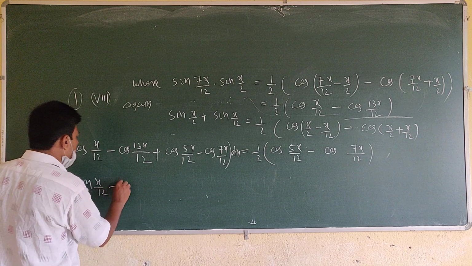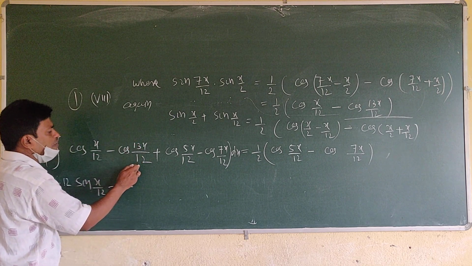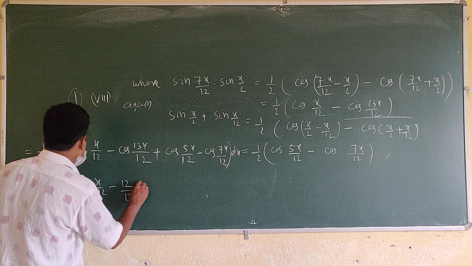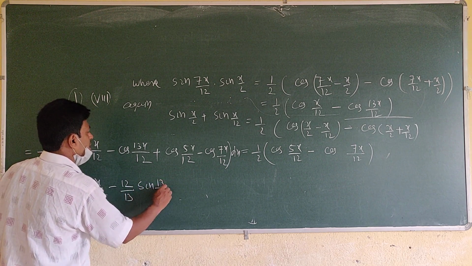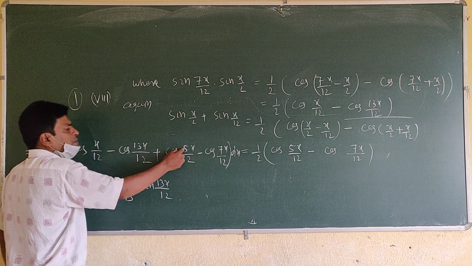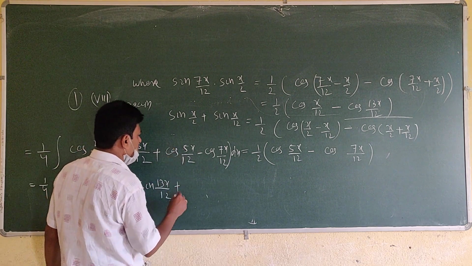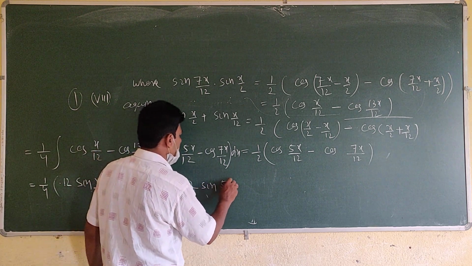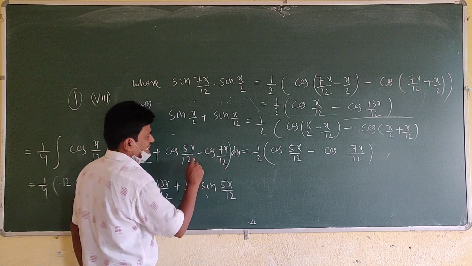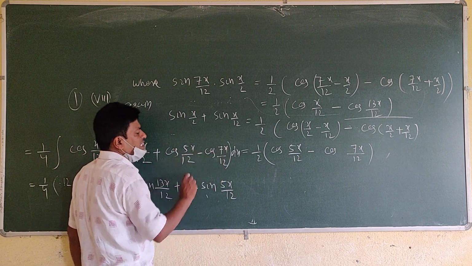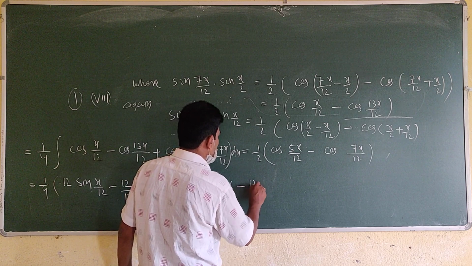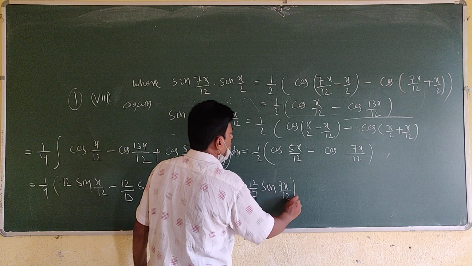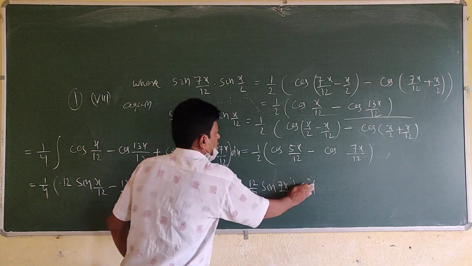Here 13 by 12 is multiplied, so 12 by 13 sin 13x by 12. Here 5 by 12 is multiplied, so 12 by 5 sin 5x by 12, and in this case 7 by 12 is multiplied with x, so minus 12 by 7 sin 7x by 12. That's your answer, plus C.